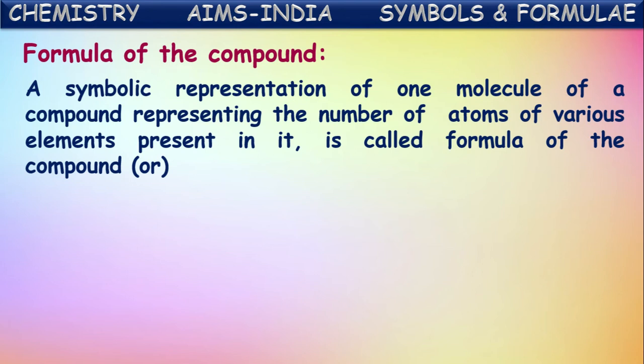Now this compound will have a particular name. Just as a symbol is given for an element's name instead of writing the complete name, in the same way for compounds also, instead of writing the complete name we can use a shortcut method for representing the name of a compound.